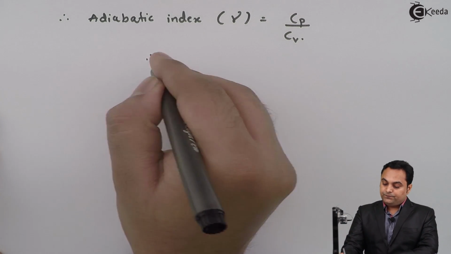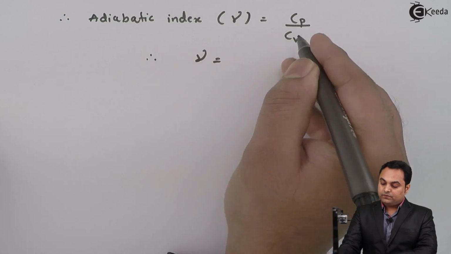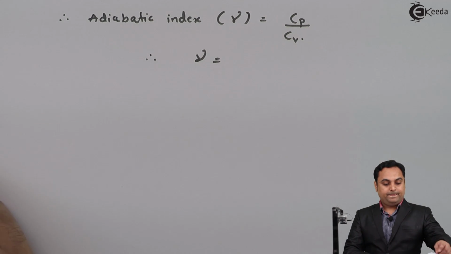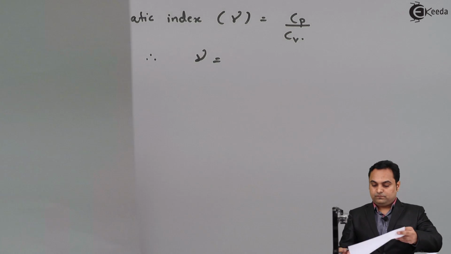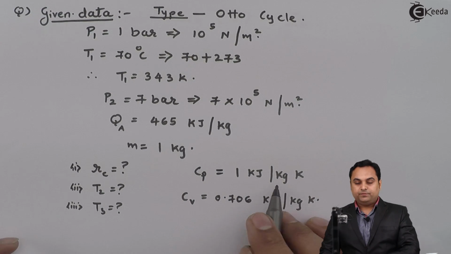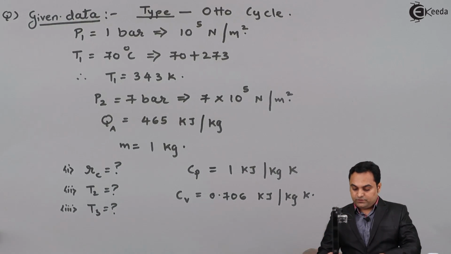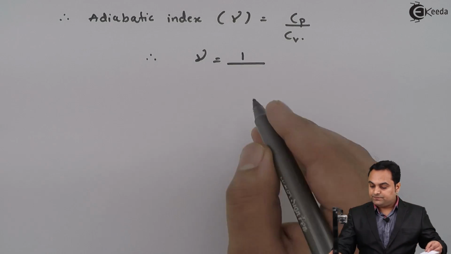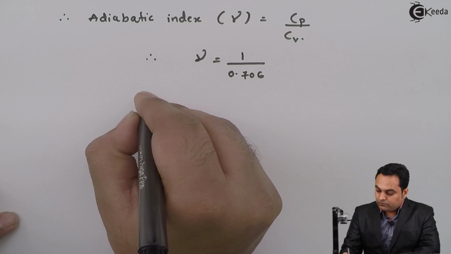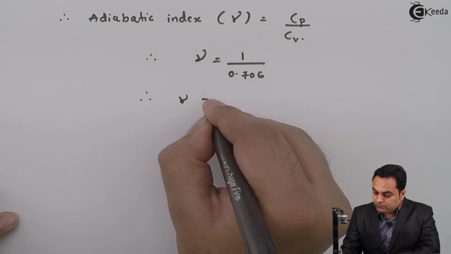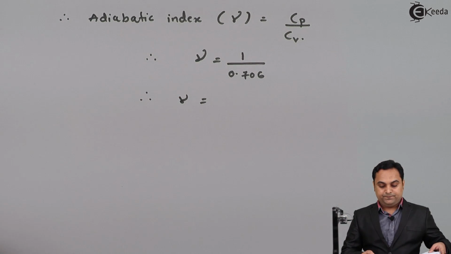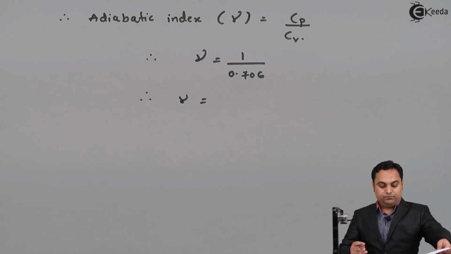So gamma will become, now Cp is given, it is 1 kilojoule per kg Kelvin, Cv is 0.706. So the gamma value comes out to be 1.41.